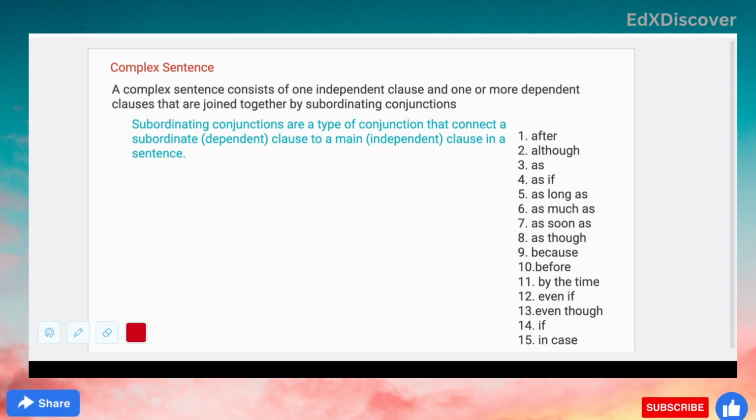Okay, so let's see an example for it. I hope learning this grammar part, how to write essays using these complex sentences, will be useful for you. So the example is, "Although John is playing tennis, Mary is not interested in watching him."